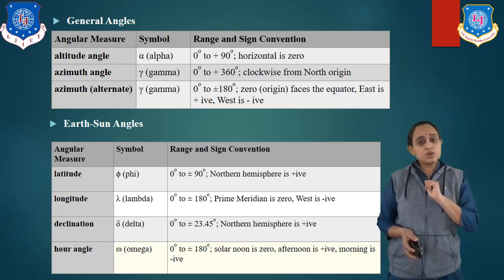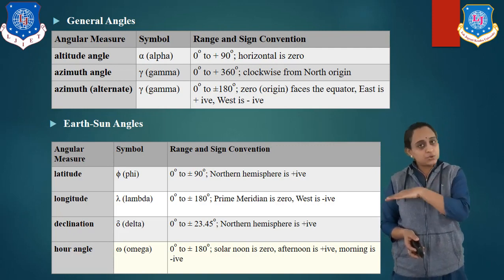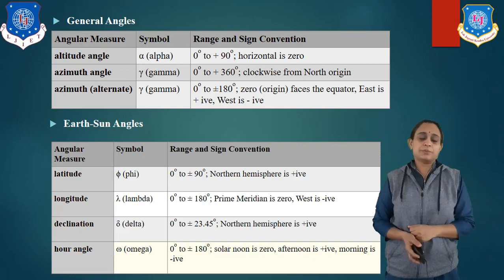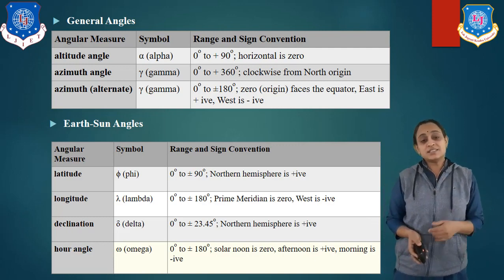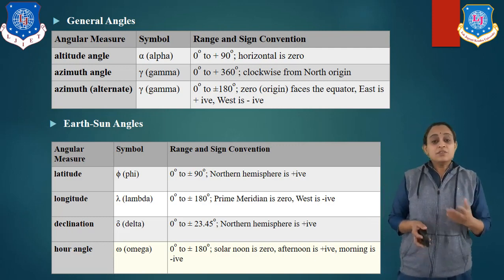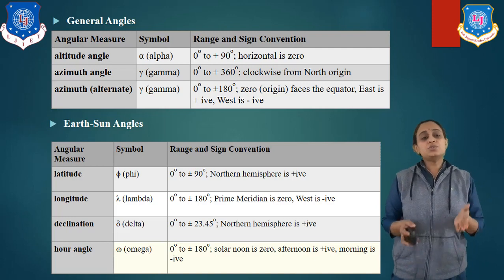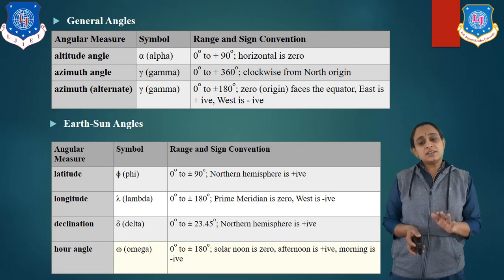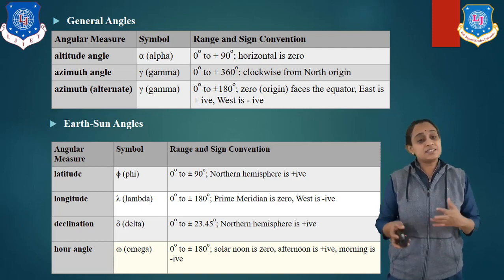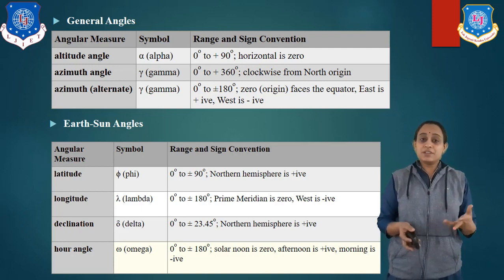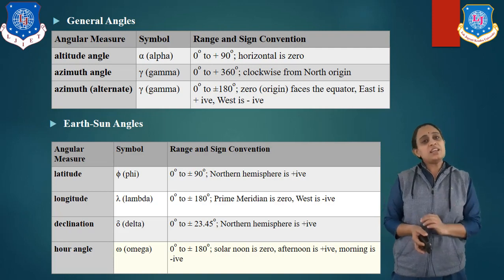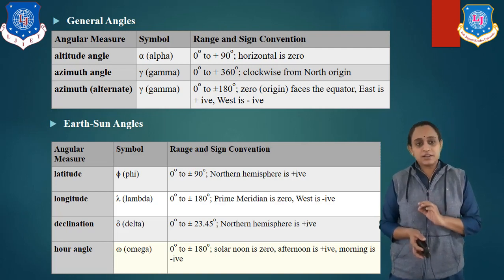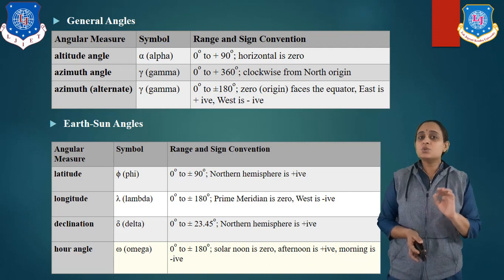Now, let us consider azimuth angle. We need to consider 0 to 360 degree from north origin. It is considered positive if facing east and negative if facing west, in the range of 0 to 180 degree.